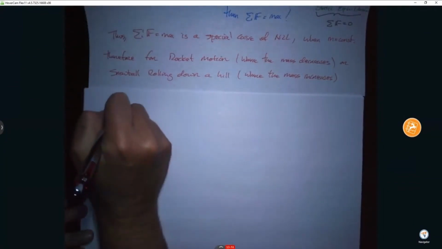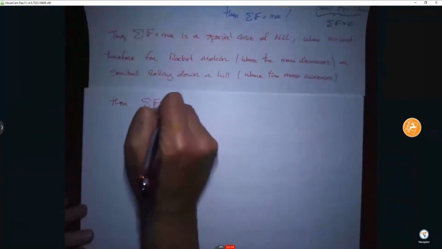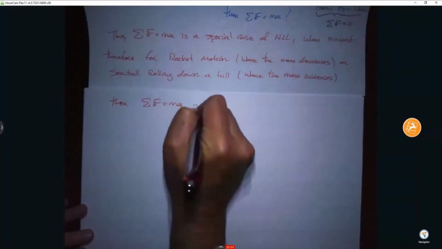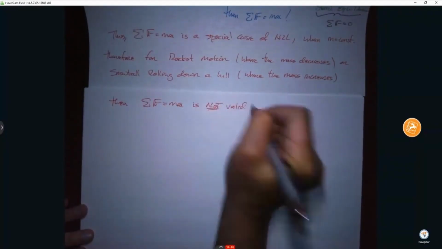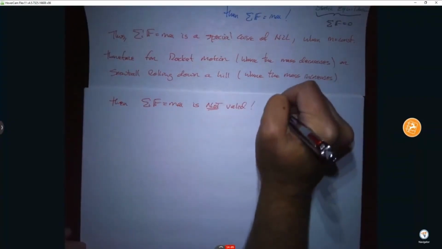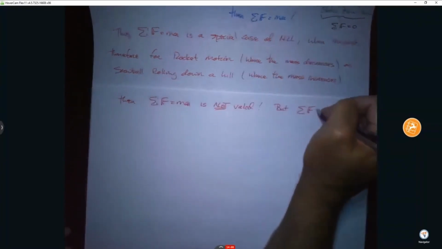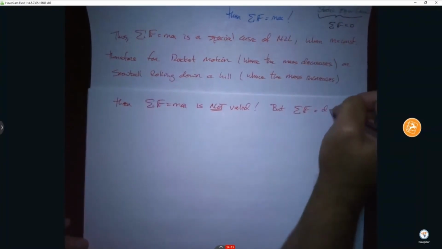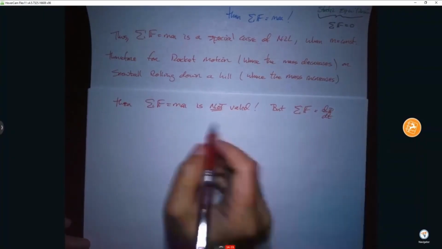For these cases, what you need to be careful with is that F equals ma is not valid. But the net force is the time derivative of the momentum.